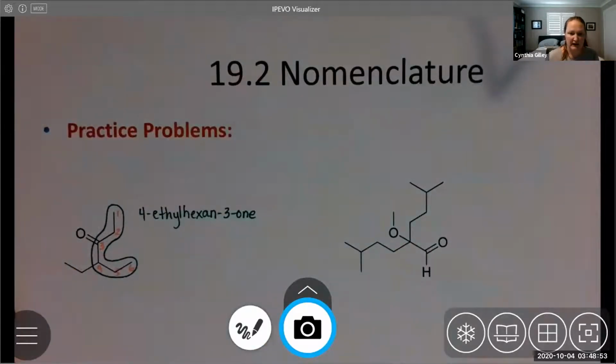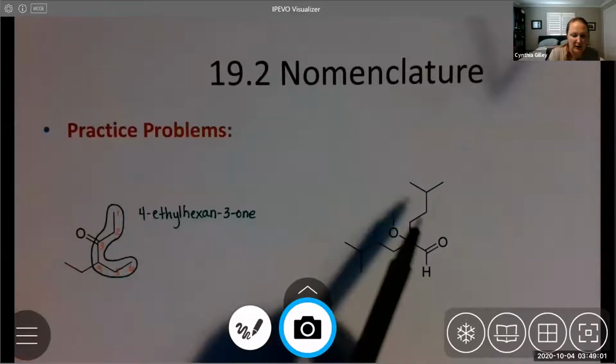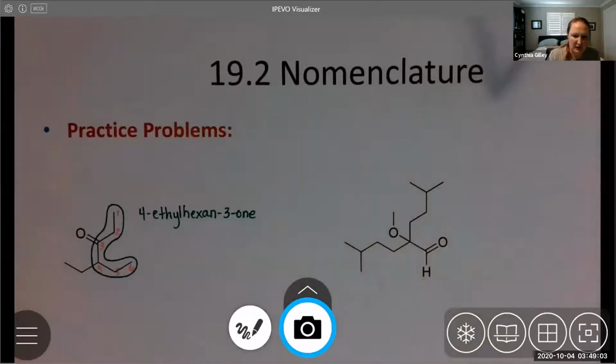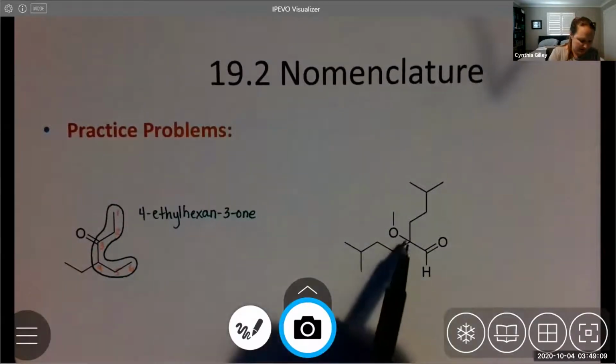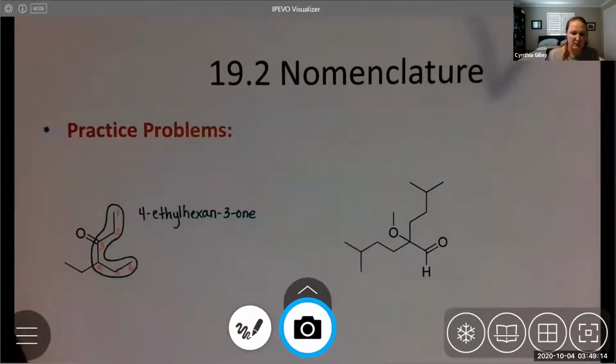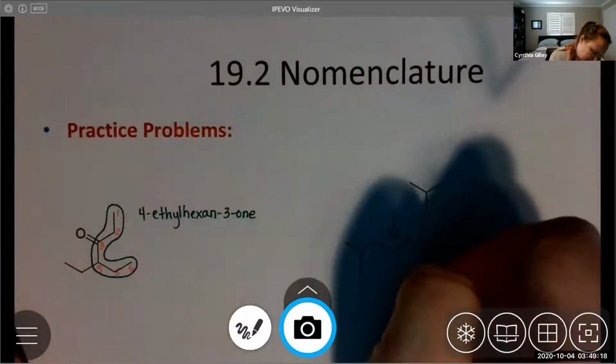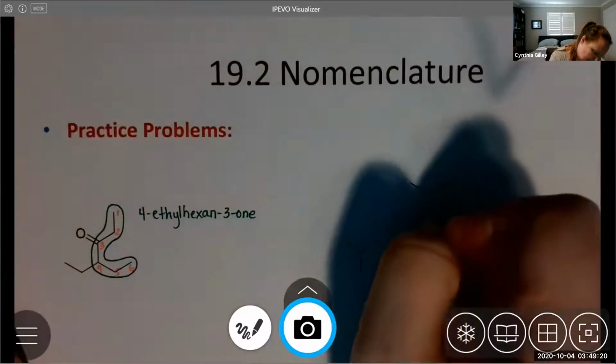Okay, looking at the next one over here to your right, this one has an ether group and an aldehyde group. Ether groups have no priority, so the priority goes to the aldehyde. And we're going to be looking for the longest carbon chain. You might notice that these are the same group, so it's not going to matter which direction we circle. But we can circle maybe going up here.